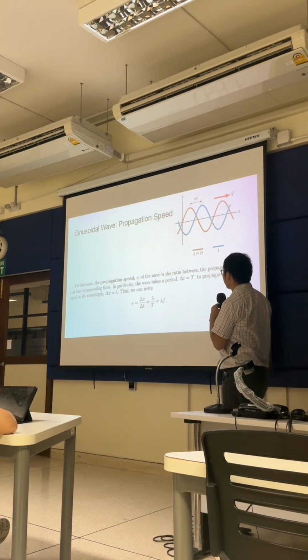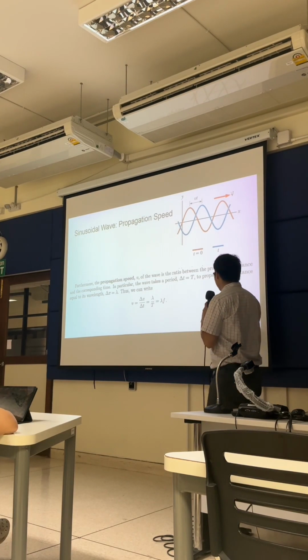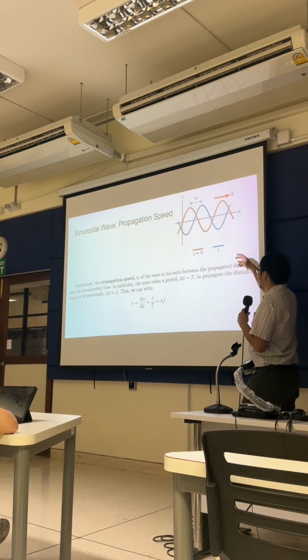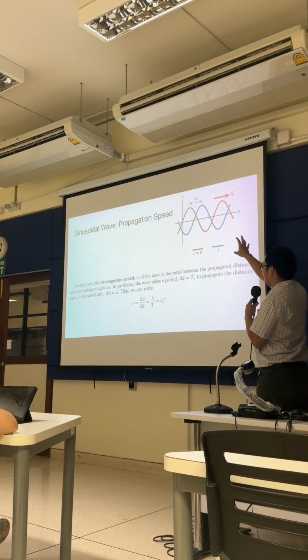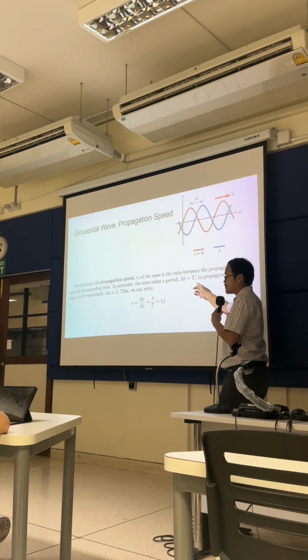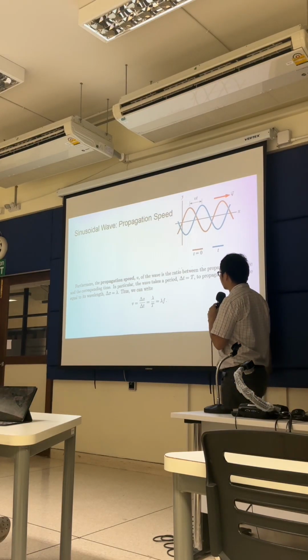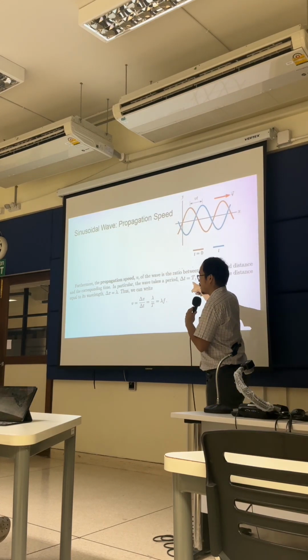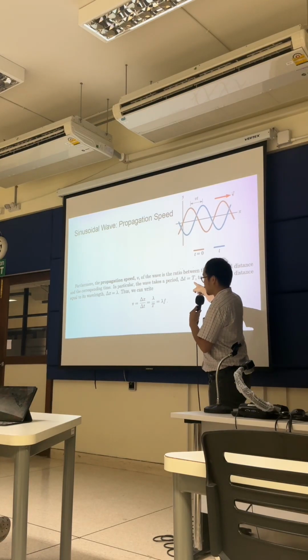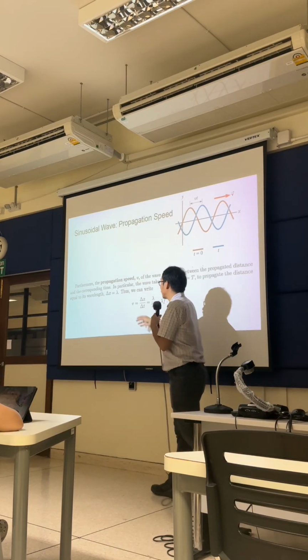This propagation speed v must correspond to the wavelength lambda and the period, capital T. If we consider the wave propagating, the wave needs to look the same after the time capital T has passed, because it is a period of the wave. So if we start at some position x and travel for one period of time T, we need to have moved a distance of one wavelength lambda.